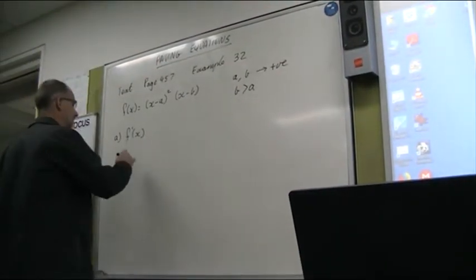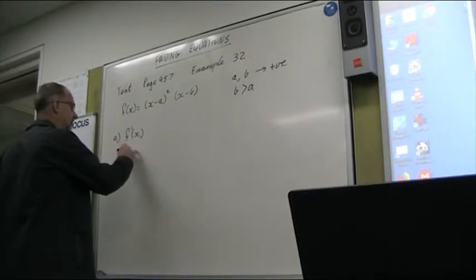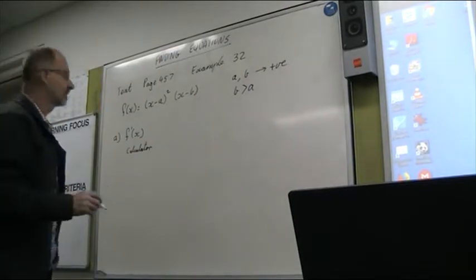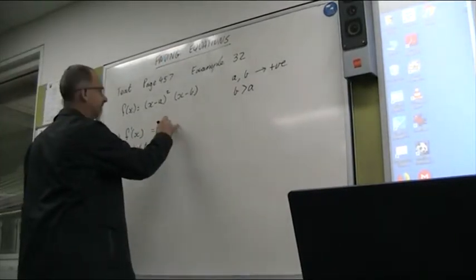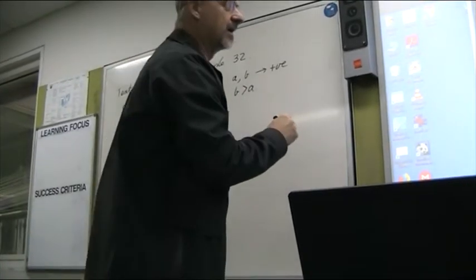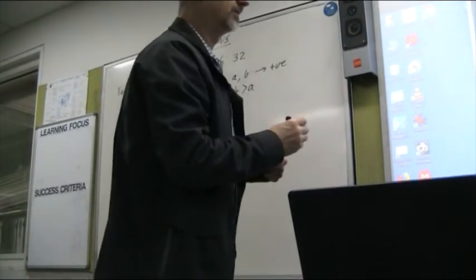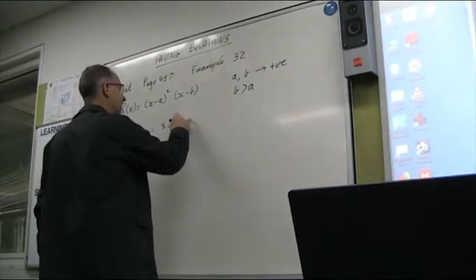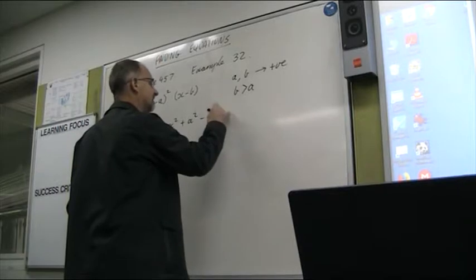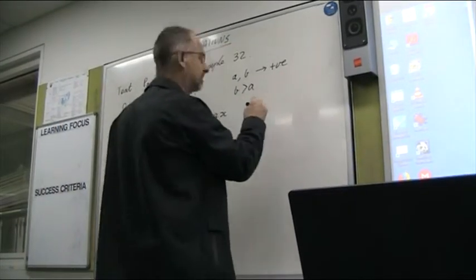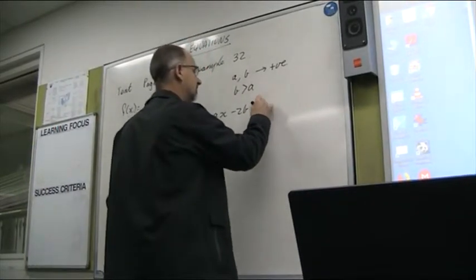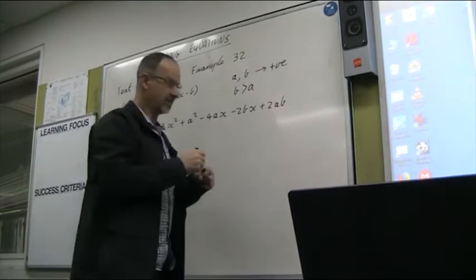So on our calculator, the calculator says 3x squared plus a squared minus 4ax minus 2bx plus 2ab, is what the calculator says.